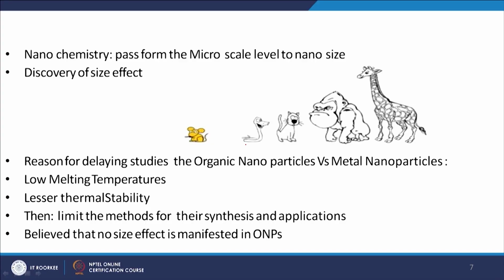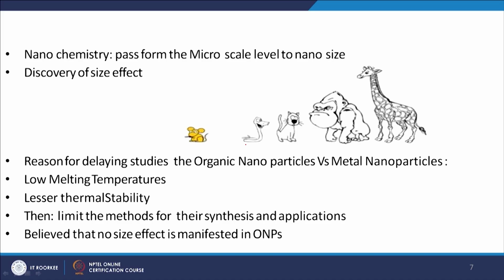Now, once we go from the macro or micro scale to the nano scale, the fabrication or synthesis process is also different, which we call nanochemistry. Let us say I come from the giraffe to this orangutan, to this cat, to this swan, to this cat. What is the difference between these different creatures? Their size. We have seen that their habits and lifestyles are all different.